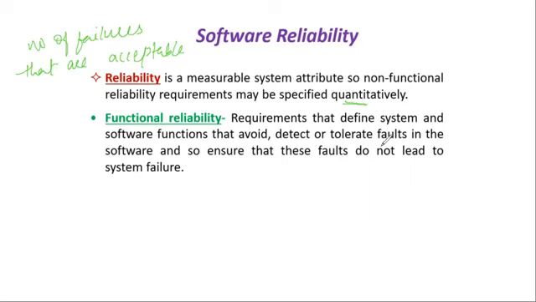Functional reliability means requirements that define system and software functions that avoid, detect, or tolerate faults in the software and so ensure that these faults do not lead to system failure. Now, reliability means there is an error and the system can accept that amount of error, that number of errors is acceptable. Whereas in functional reliability, you get to know that there is a specific error, you're going to try to avoid it, and you're going to ensure that this specific error is not going to cause some system failure, that is, the entire system crash.